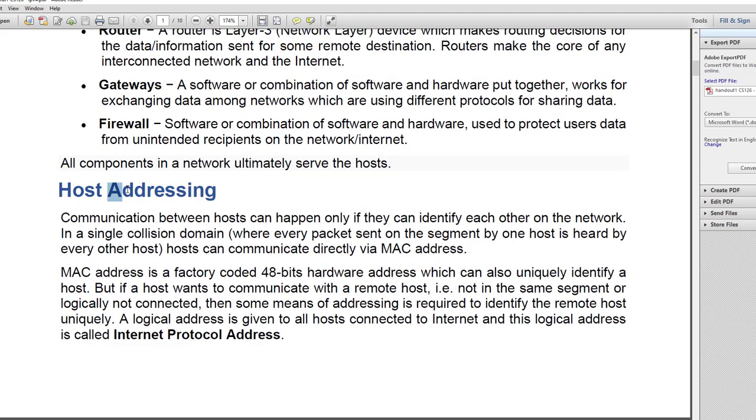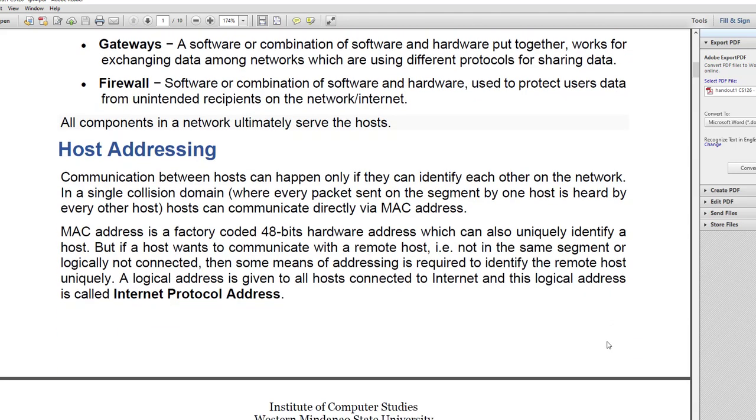Next is host addressing. As mentioned earlier, what are examples of hosts? These are computers, these are end devices. Examples are computers, cell phones, servers. For them to be able to communicate within the network, they have to be assigned an address, and that's why we call it host addressing.